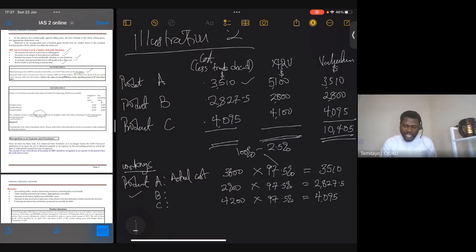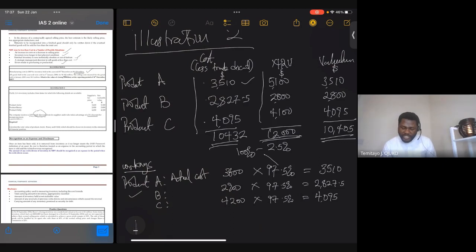Looking at this, I'm going to add all the costs together, right? I'm going to add all this together, then add all this together, then we can now see which one is higher. 3510 plus 2827.5 plus 4095, that will give me 10432. Then 5,100 plus 2,800 plus 4,100, that will give me 12,000.